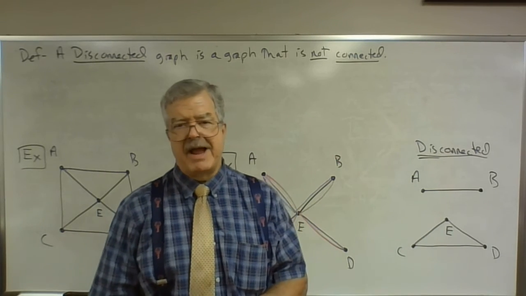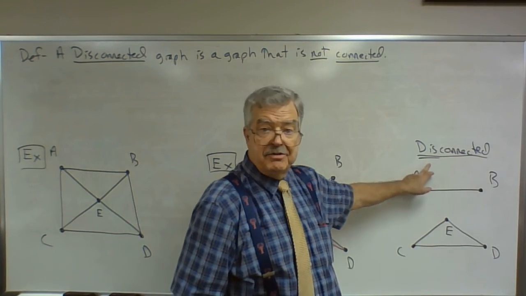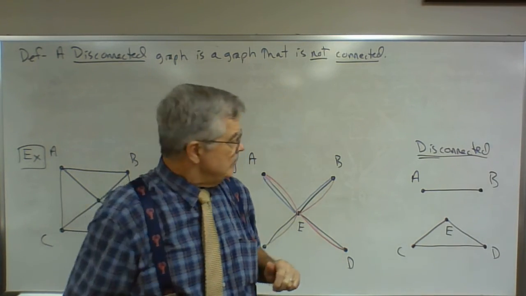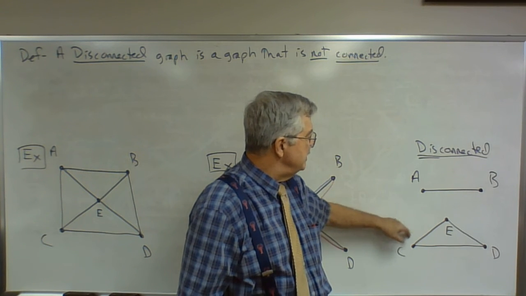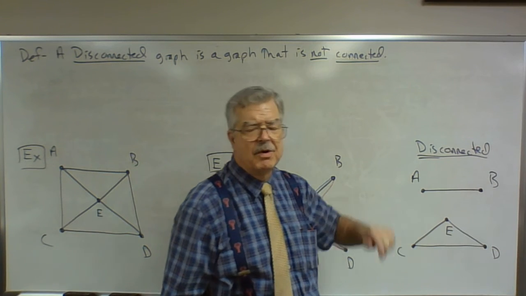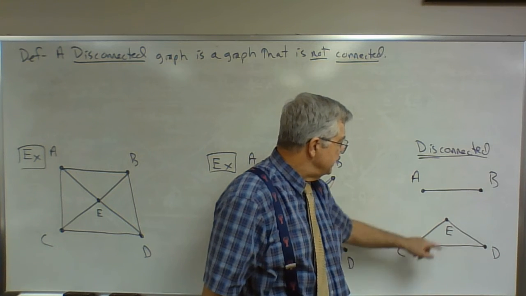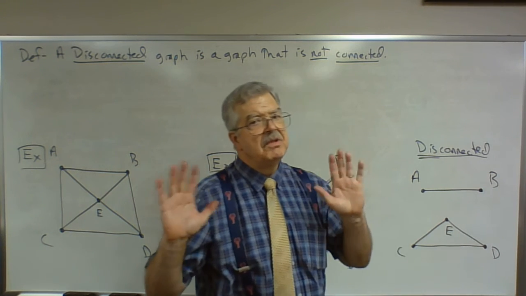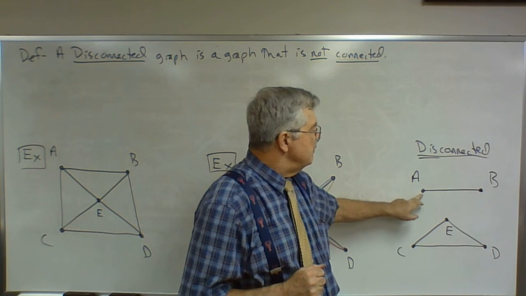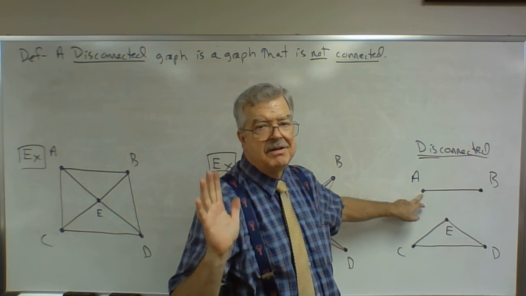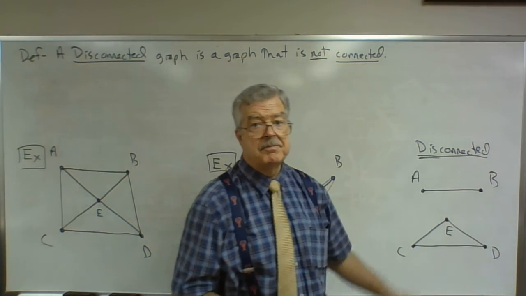So as far as graphs go, a graph is either connected or it's disconnected. This graph is disconnected because there's no path from A to C, there's no path from A to E, and so forth. The fact that there is a path from C to E or C to D makes no difference. If there's even one vertex that's not connected to every other vertex, we say the graph is disconnected.